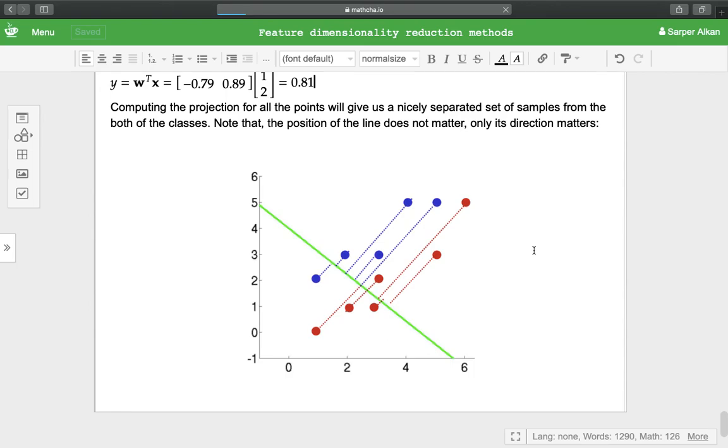So this is all for the dimensional reduction methods for this class, but note that there are other dimensional reduction methods, for example, mutual information, analysis of variance, also we can use support vector machine ways.